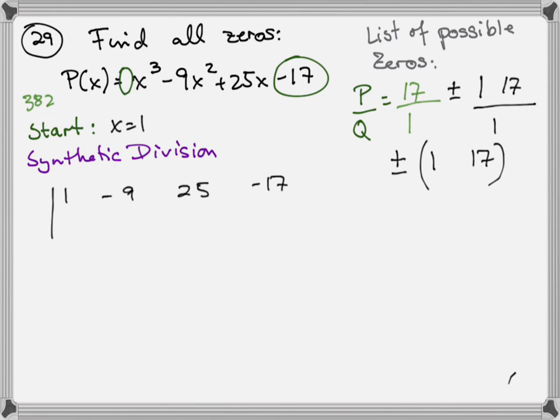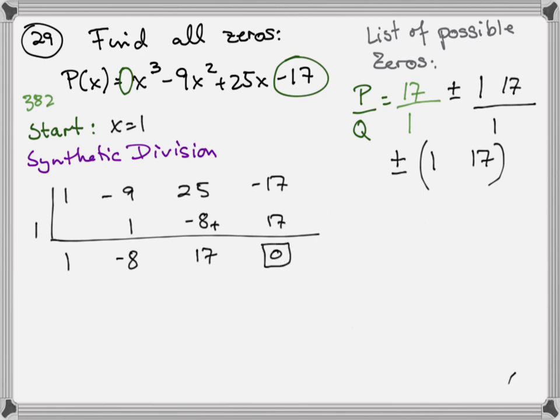Yes? No? Yes. Bring down the 1. 1 times 1 is 1, minus 9 is a negative 8. Negative 8 plus 25 is 17. 17 times 1 is 17. 0 it is. Beautiful.